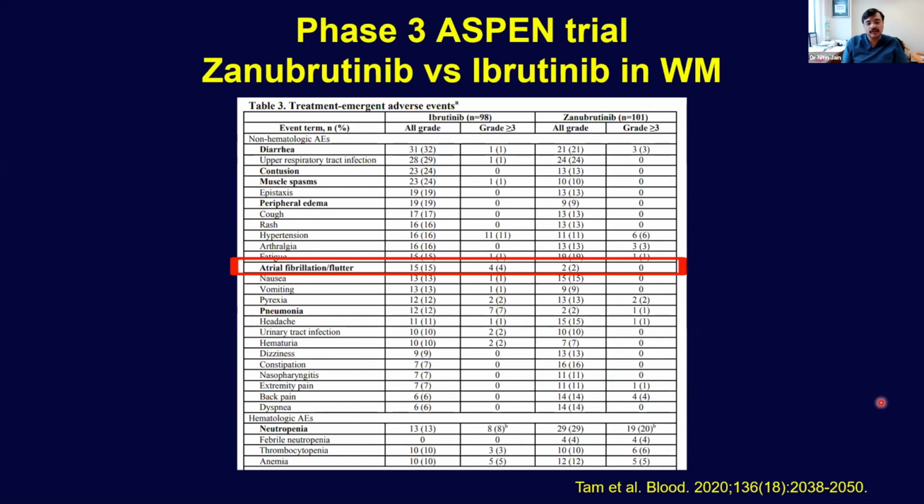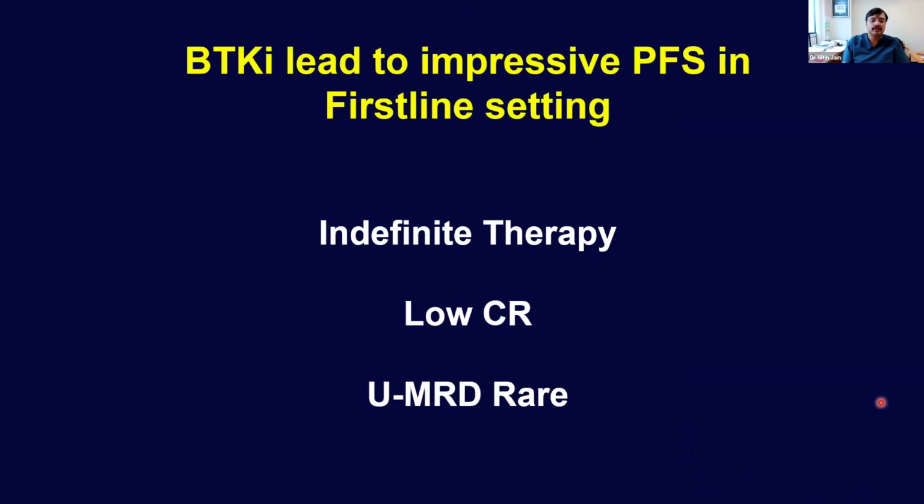So this is the first head-to-head trial reported in any indication between the 2 BTK inhibitors, and it really clearly favors zanubrutinib for safety. So again, we'll have to see how the data will come out with acalabrutinib and zanubrutinib in CLL, but I think evidence suggests that they will likely be safer than ibrutinib.